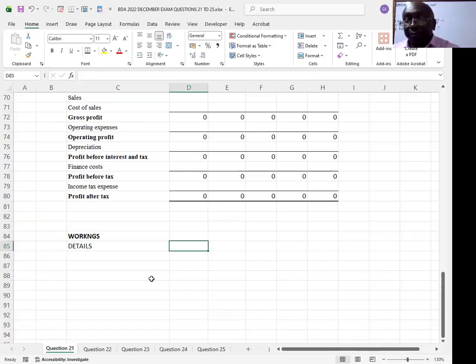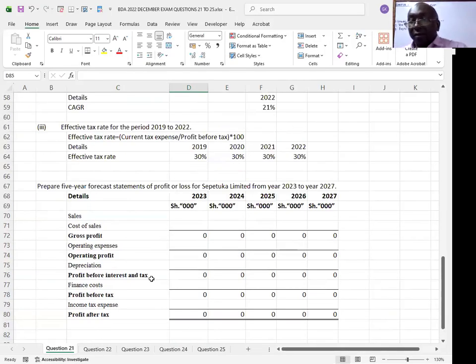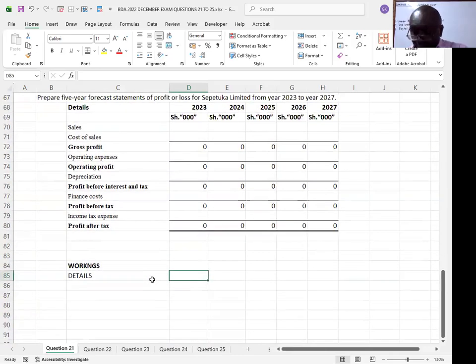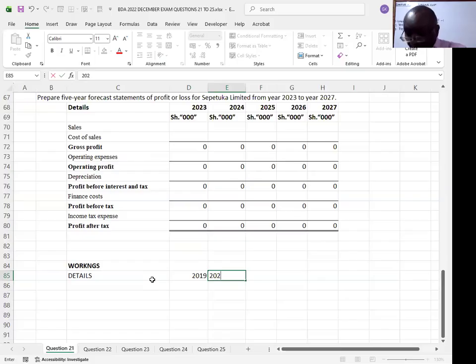Now, this will be 2019, 2020, 2021, 2022.